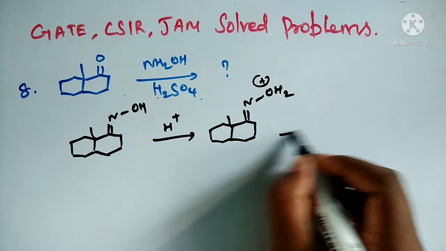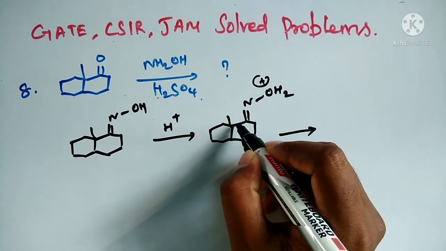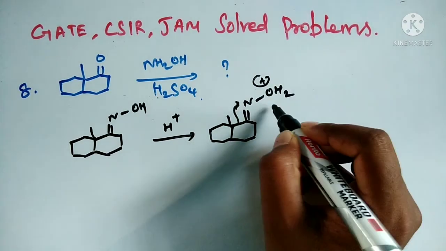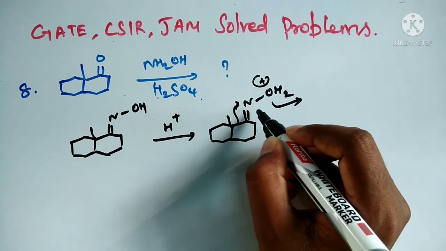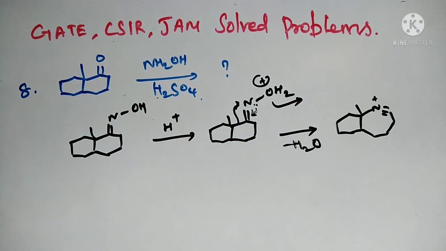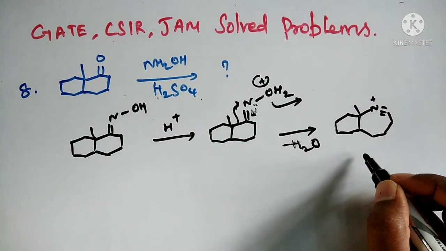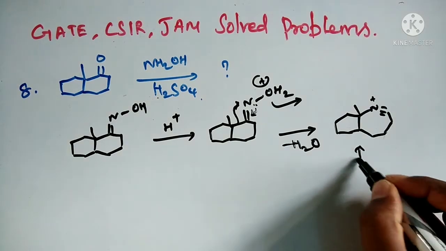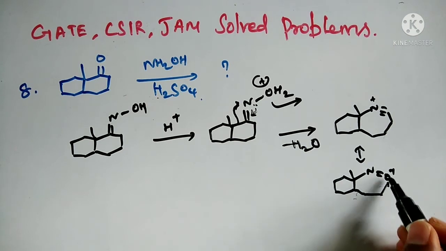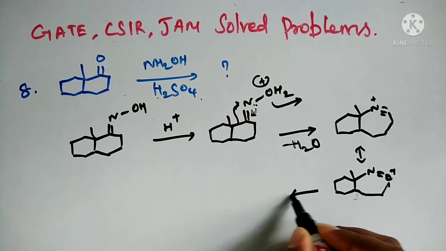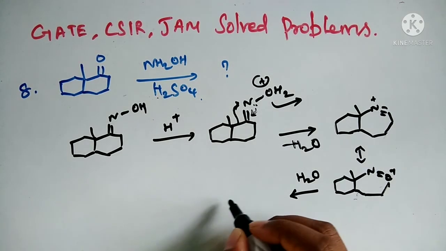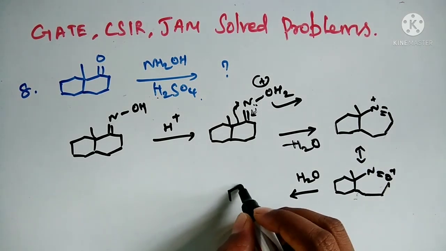Now there is no interconversion, so the migration of this methyl to electron deficient nitrogen, same time elimination of water molecule. So we can rewrite this structure, and if you hydrolyze this, you will get the ring expanded amide product.